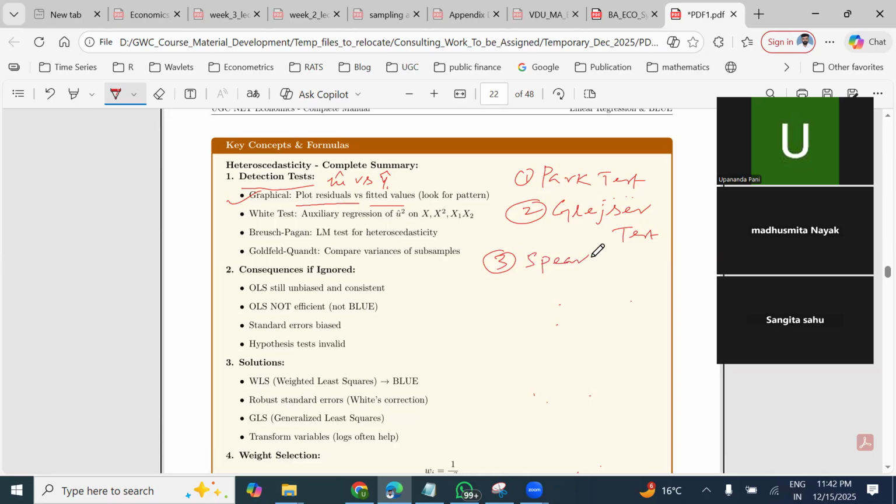This is another method, the Spearman's rank correlation test. How will it be done? They are very interesting. Once you finish the UGC NET, I will discuss how we will do all this manually, so that you will be able to remember.